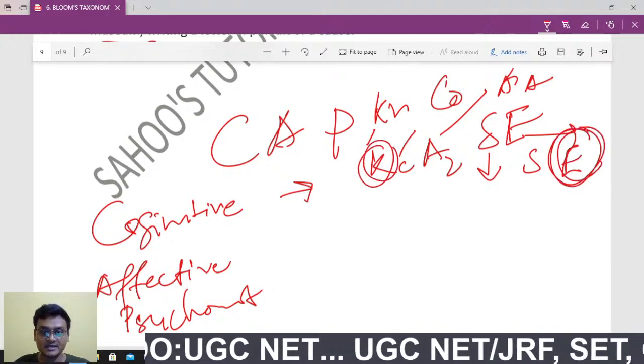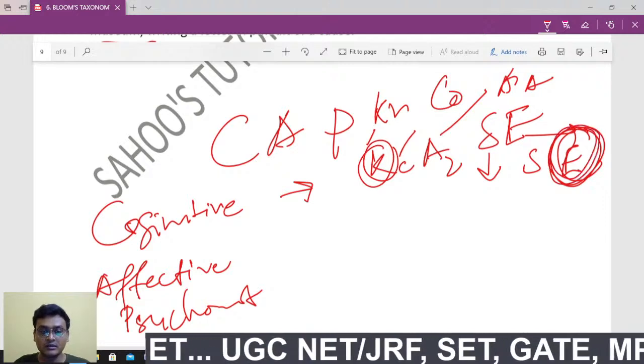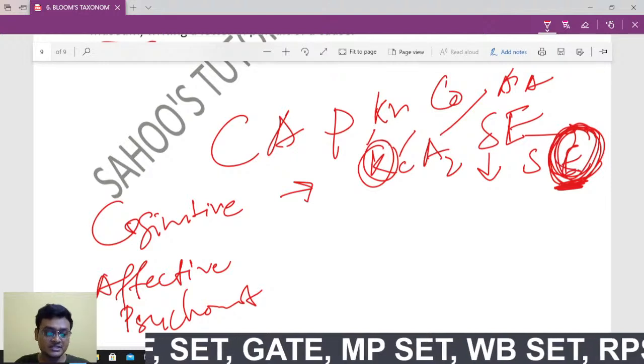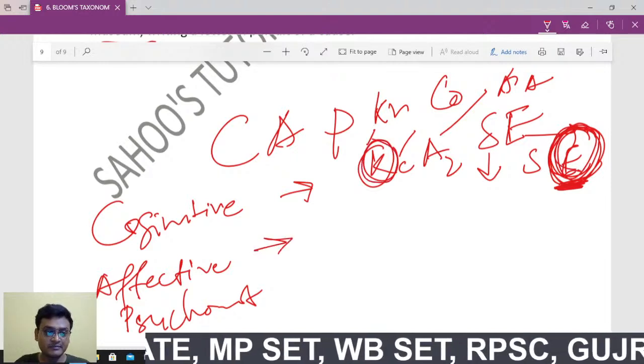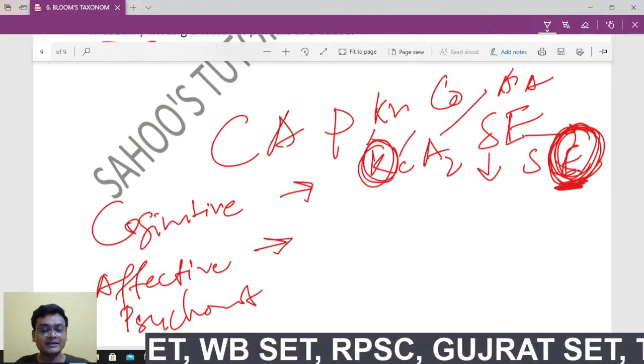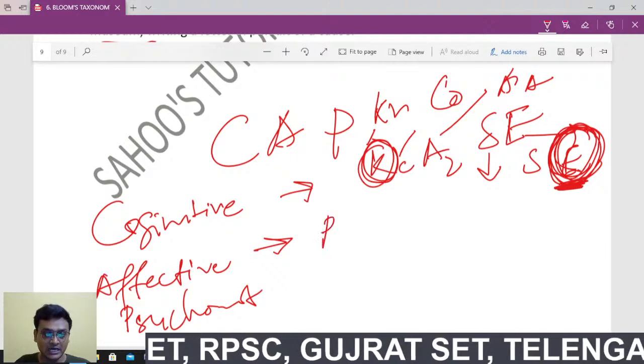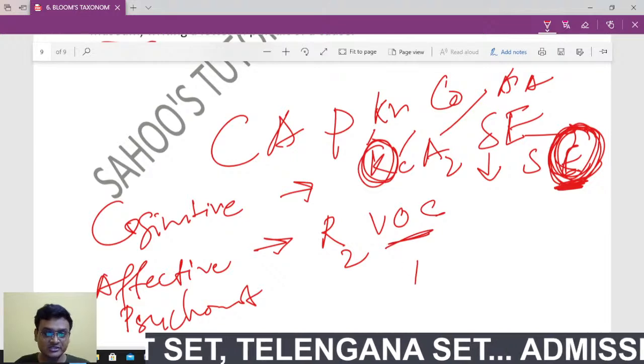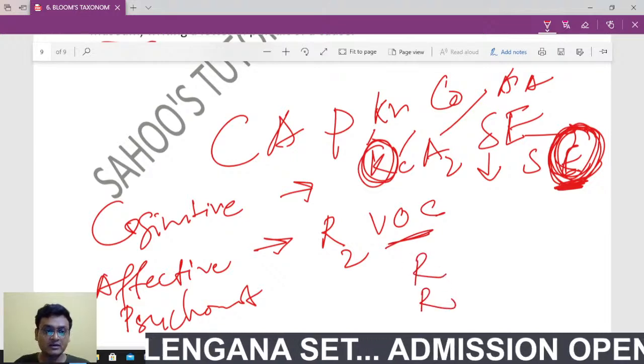ठीक है. The highest order of teaching is actually evaluation, and the lowest is knowledge. And affective domain में क्या है? That is I told R2 VOC, भोग होता है ना, R2 means receiving, responding.